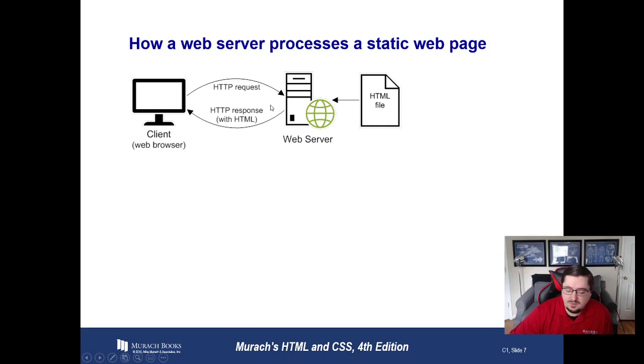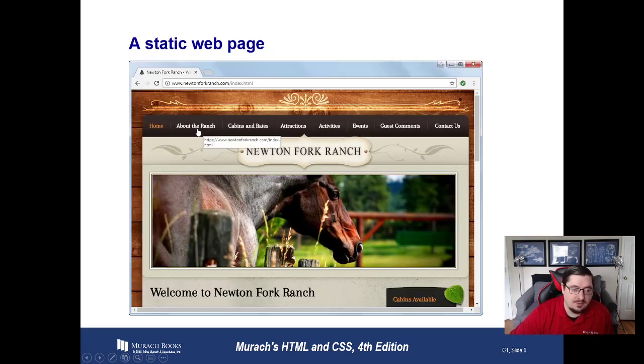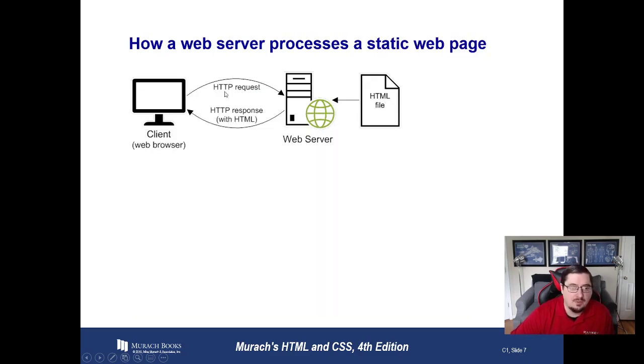You want maybe the About the Ranch page or cabins and rates. If you say I want About the Ranch, it'll go grab that, come back. You want guest response, go grab that. All right, come back. So really it's just saying, I want this file, and it comes back and gives you that file. That's all that really happens with static content.